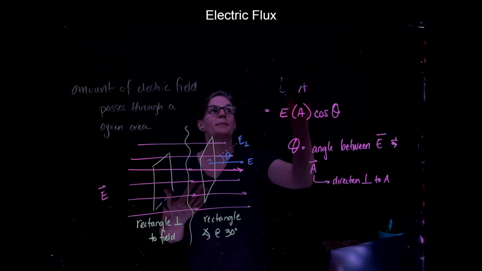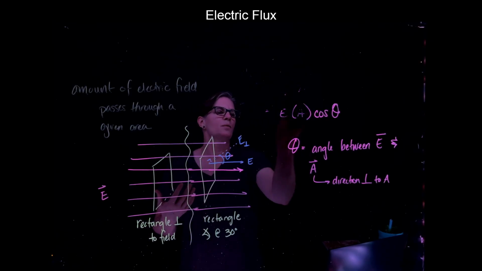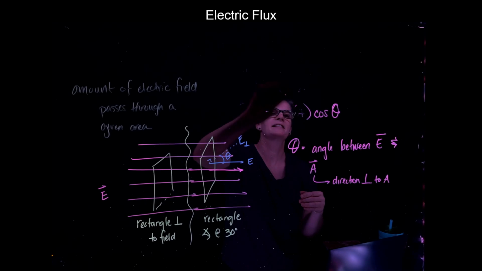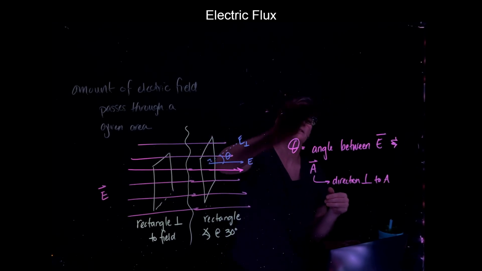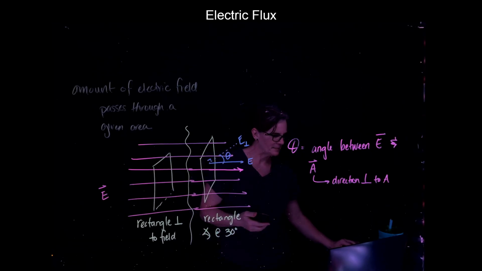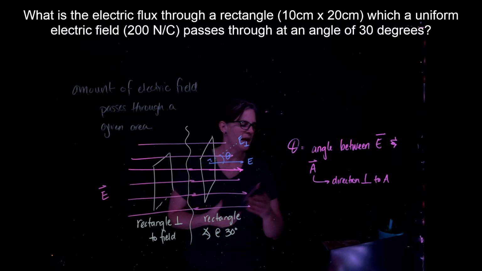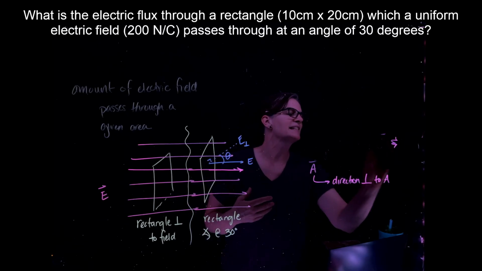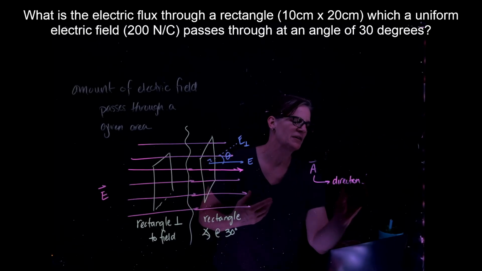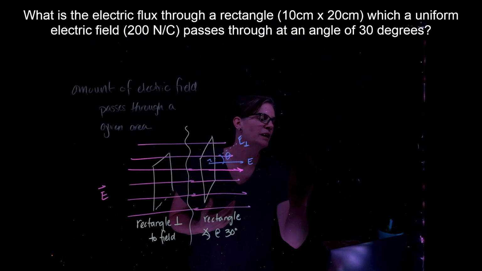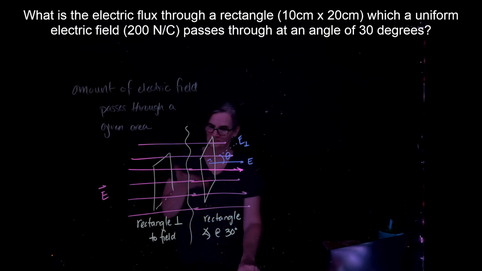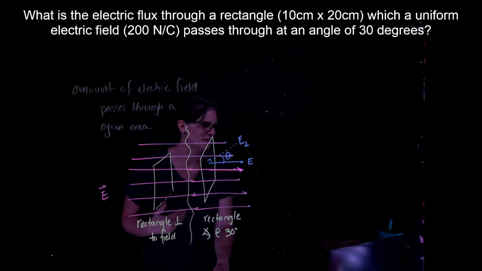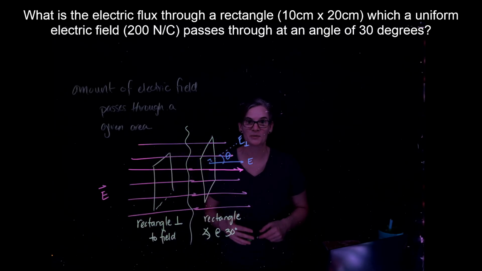And then we'll talk about a couple of different ways we can think about what this electric flux idea means. So let's imagine, I'm going to pop up an example for us. Let's imagine that we have a rectangle. We'll use a rectangle that's 20 centimeters by 30 centimeters. And it is orientated at 30 degrees with respect to the electric field of a magnitude 200 newtons per coulomb.